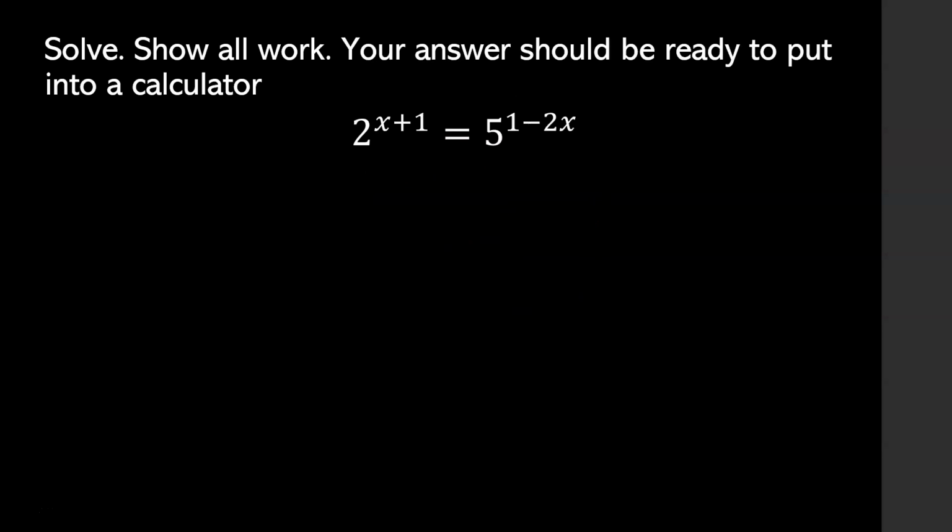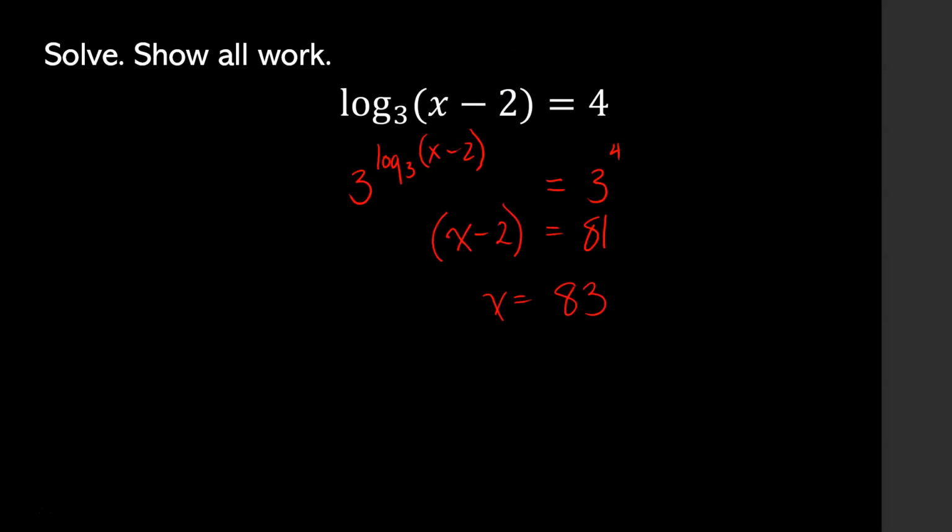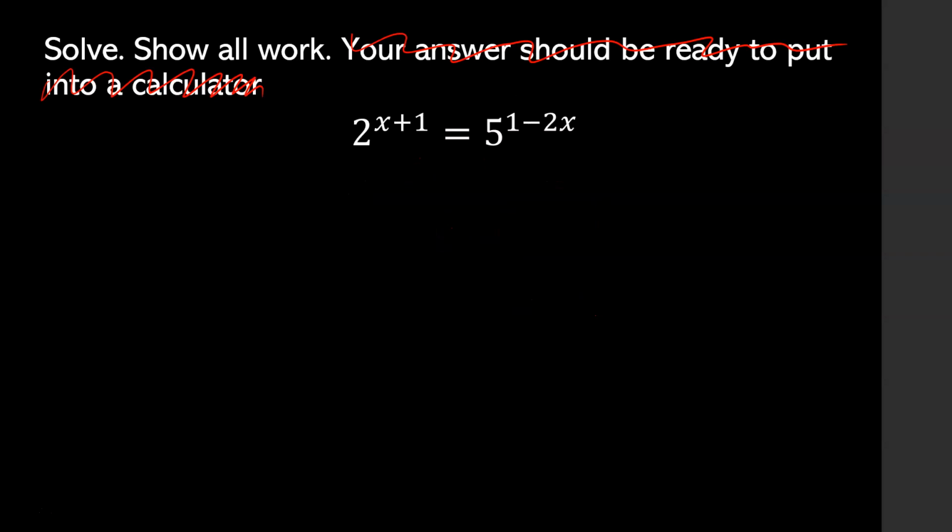Oh, so if these words weren't here, I'm hoping you would already know this is either a calculator problem or something where you're not going to get a super clean number like 83. And the reason I know that, and the future version of you would know we need a calculator, is this base 2 and this base 5. 2 and 5 share no common factors.